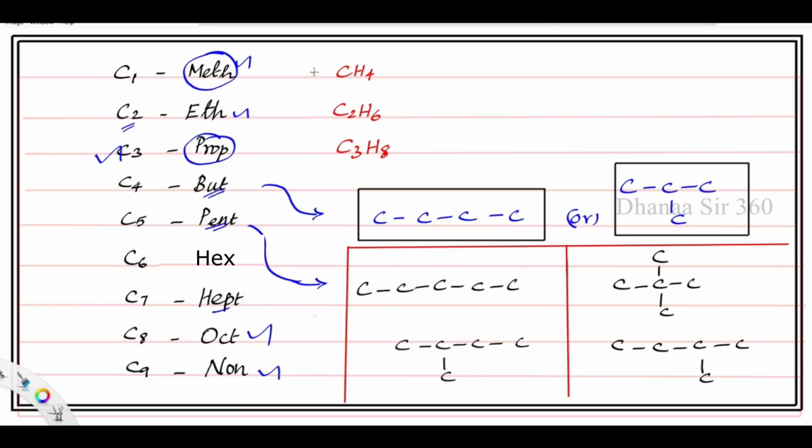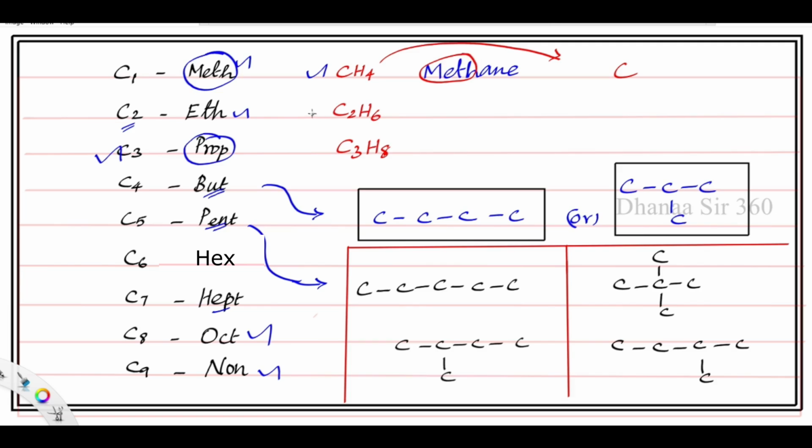Let us take the example CH4, called methane as the IUPAC name. Here CH4 contains only one carbon, so we have meth as the root word.